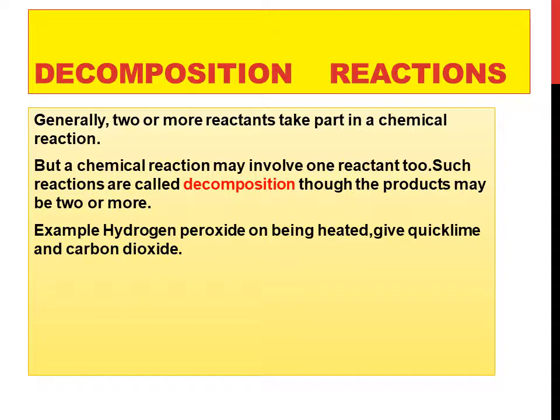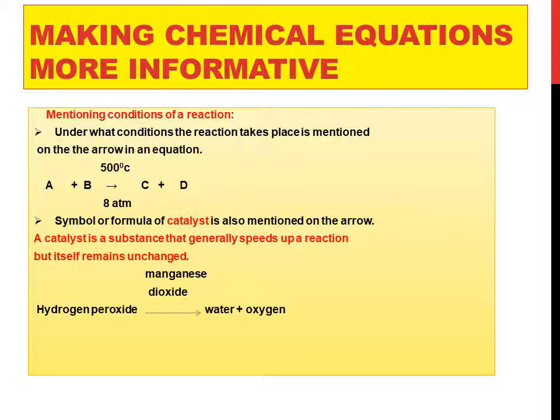Let us move to the next topic, making chemical equations more informative. To minimize the use of language, we try to make chemical equations more informative. Now here are some of the ways which we are going to discuss, with the help of which we can make our chemical equation more informative.